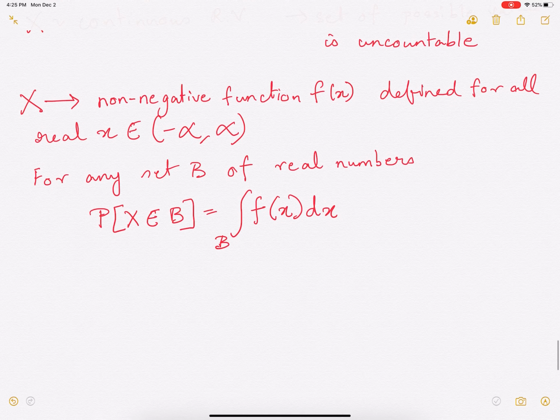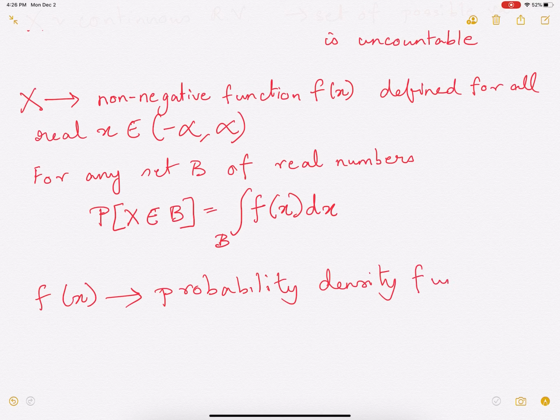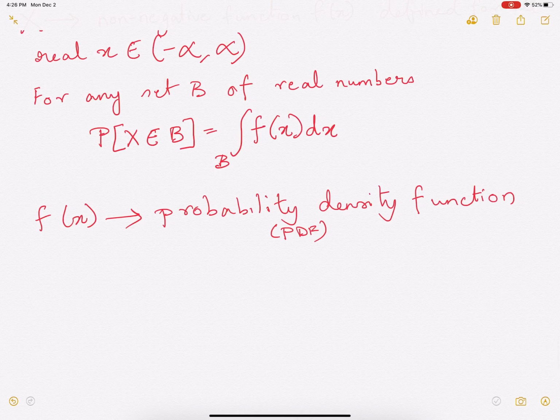Now this fx is called the probability density function. Recall that for a discrete random variable, the probability was called the probability mass function. This is its counterpart for a continuous random variable. It's called the probability density function, or PDF. Now to get the probability, you integrate the PDF, which is fx, over that range.